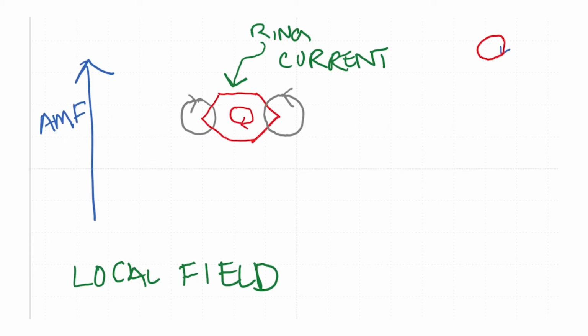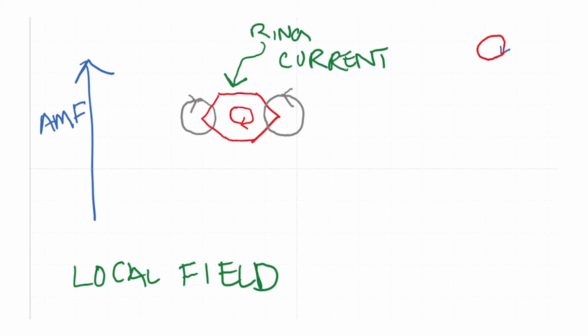This local field does two important things. It produces an additional layer for benzene, so that inside the benzene ring, the induced field opposes the magnetic field, and outside the benzene ring, the field reinforces the applied field. I'll repeat it. It does two things.